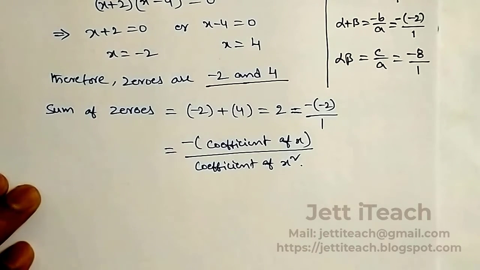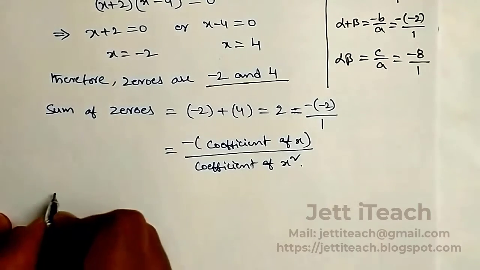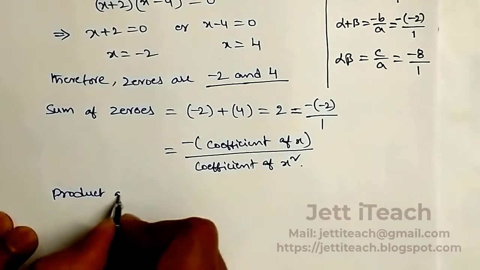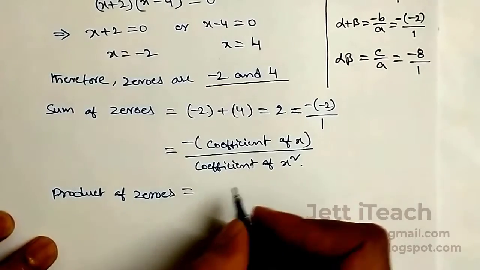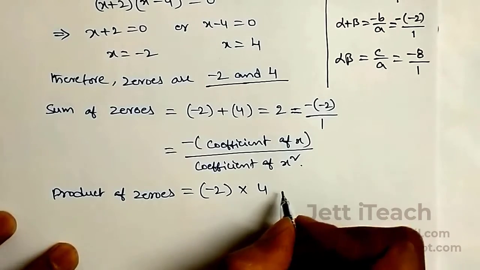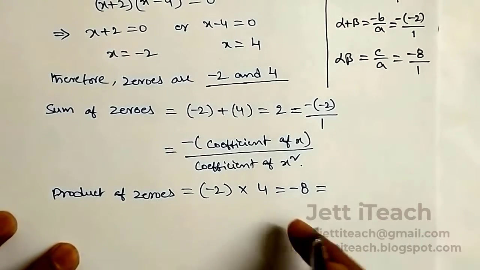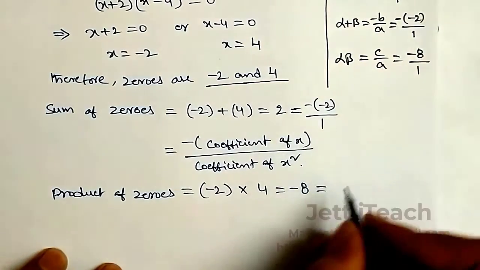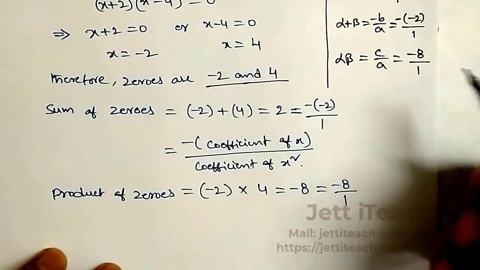Now we can write the product of zeros. What's the product of zeros? Minus 8. How can you write minus 8? You can write it as minus 8 by 1.